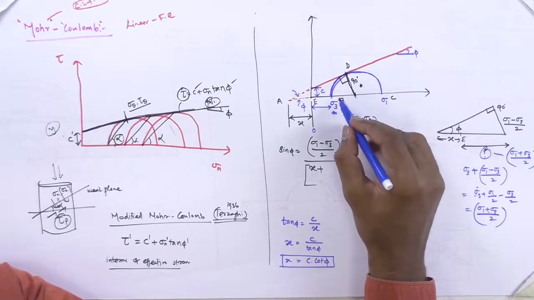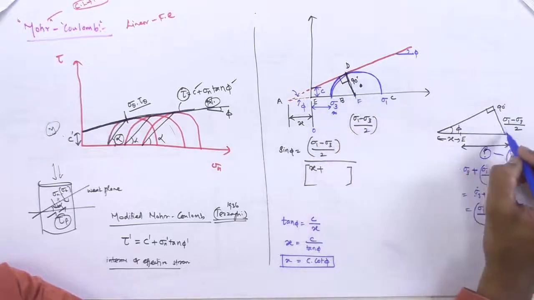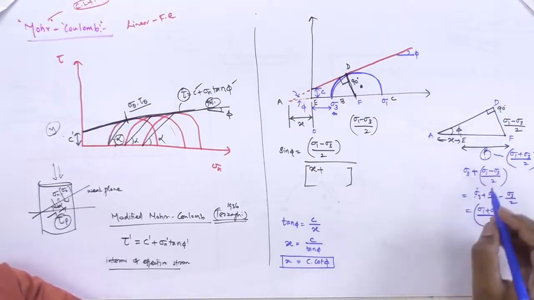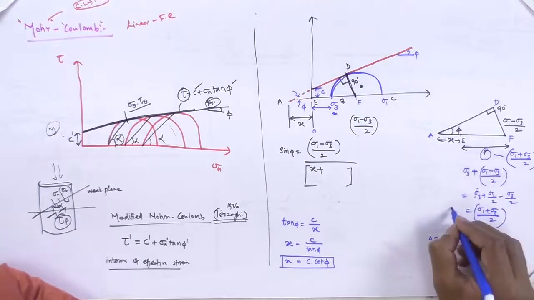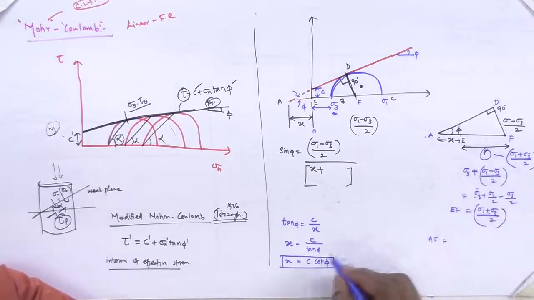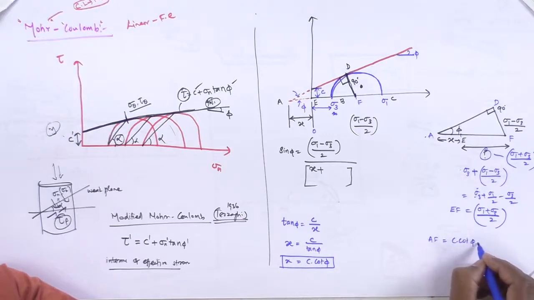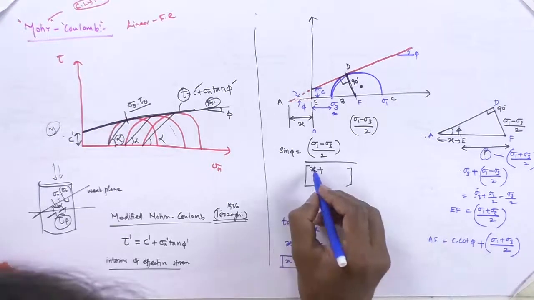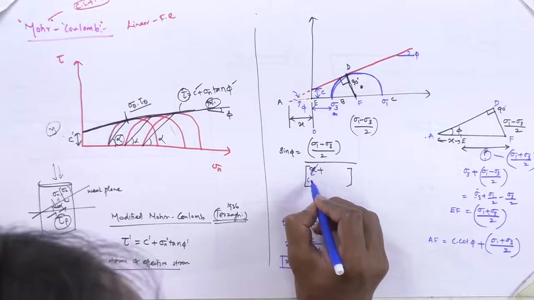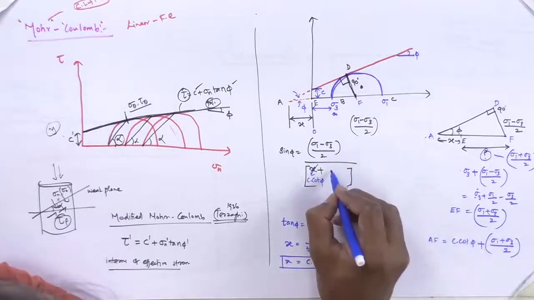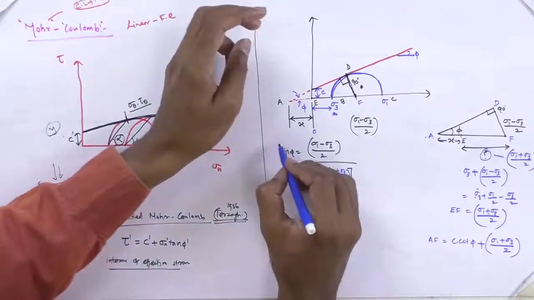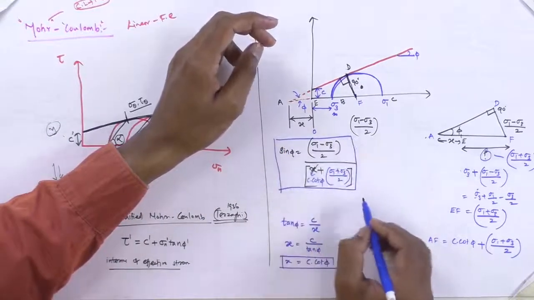Let us say D, E, F. So this is F, and this is A. So AF equals C cot phi plus this E value, sigma 1 plus sigma 3 by 2. So I am substituting C cot phi for x. This is the starting point of a derivation.